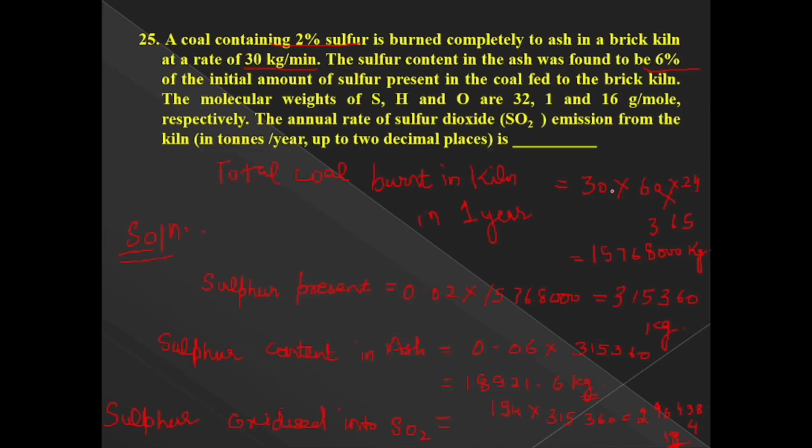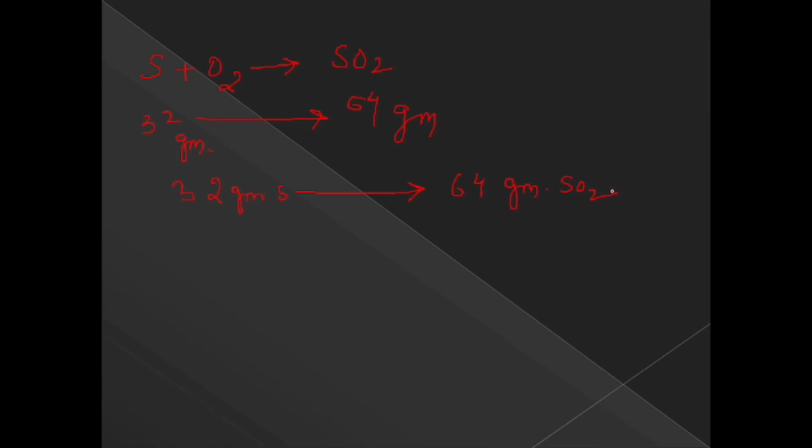And in the last slide, sulfur oxidized into sulfur dioxide was 296,438.